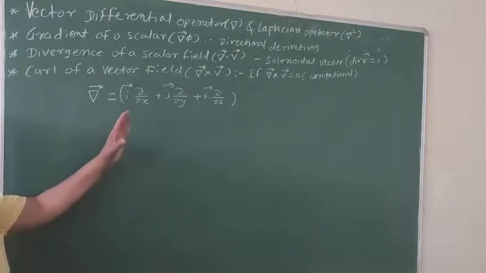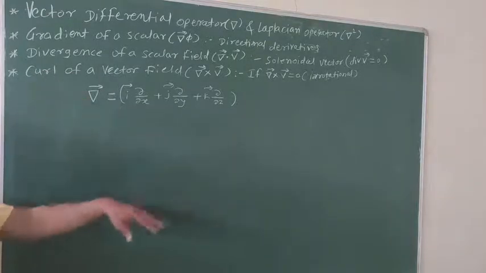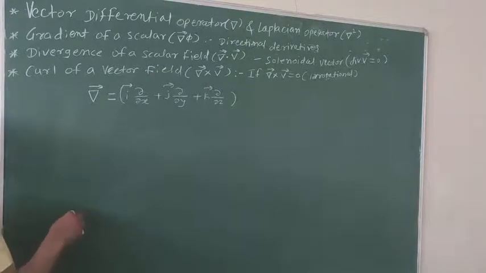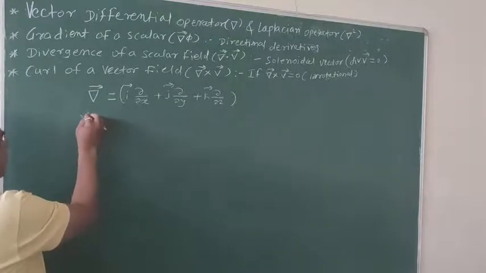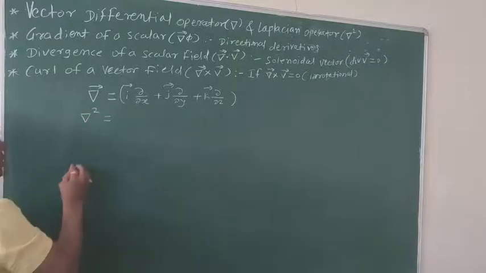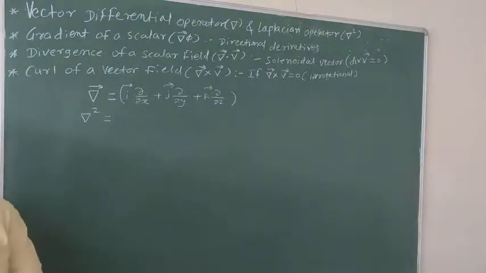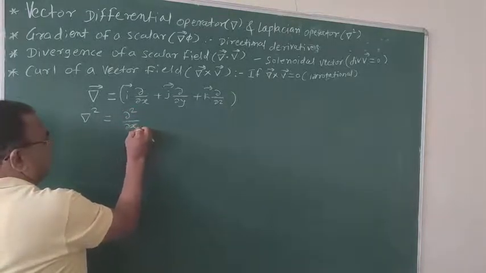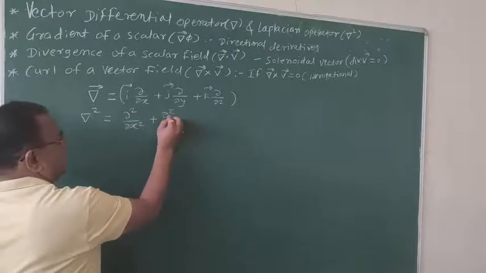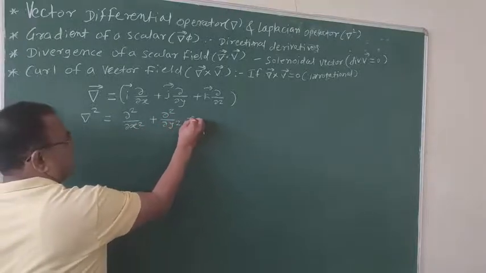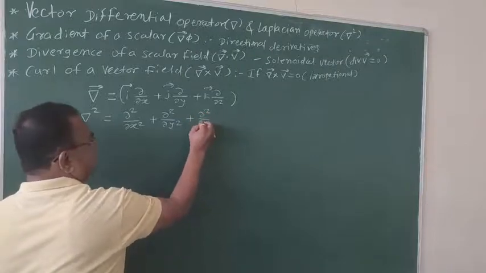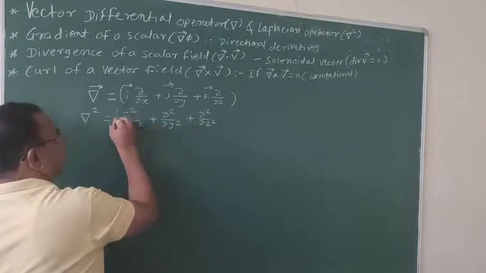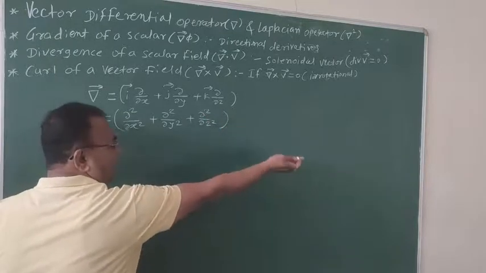And here is another operator, known as del square, also known as the Laplacian operator, which is given by delta square by delta x square plus delta square by delta y square plus delta square by delta z square, operating on another function.